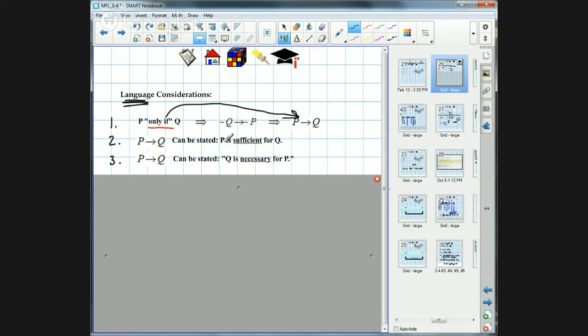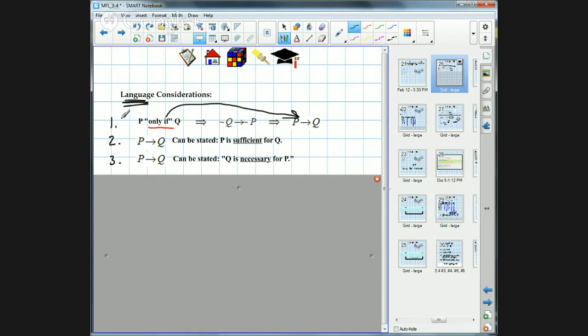So you see what this says here? P is sufficient for Q. Q is necessary for P. So in an if-then statement, the first statement is always sufficient, and the second one is necessary.